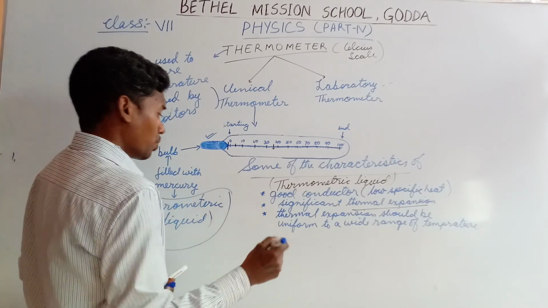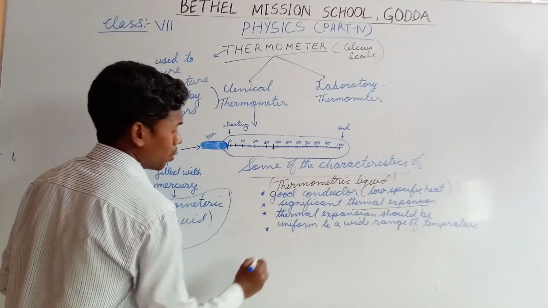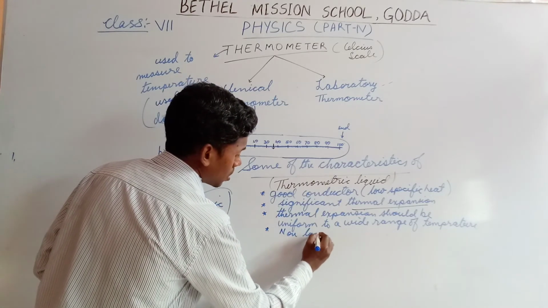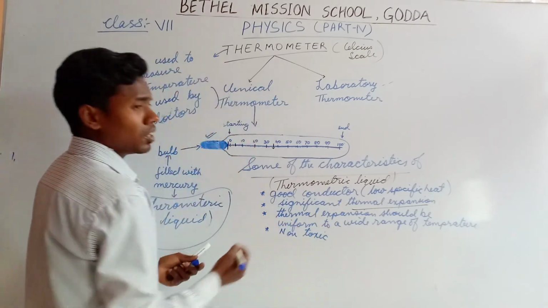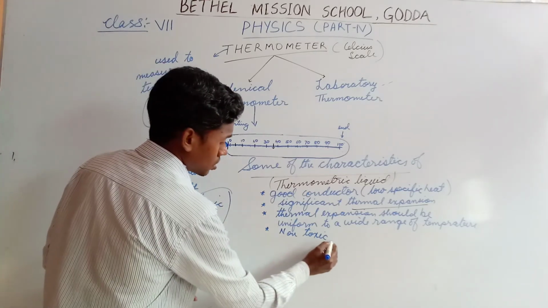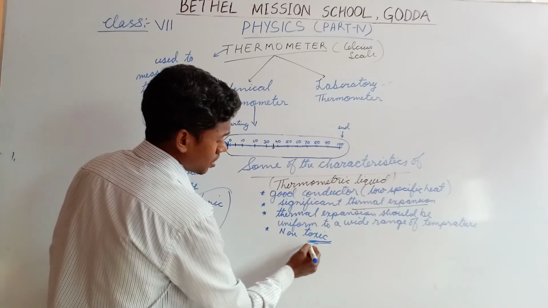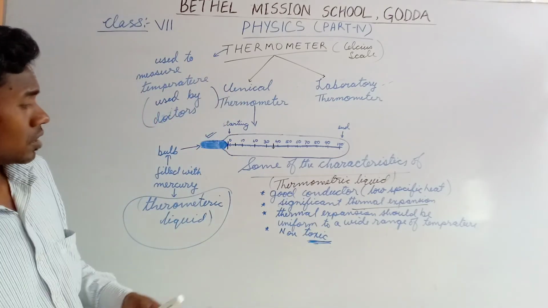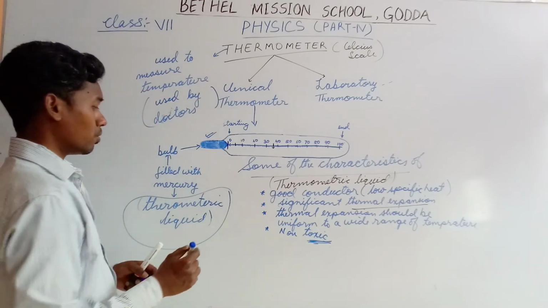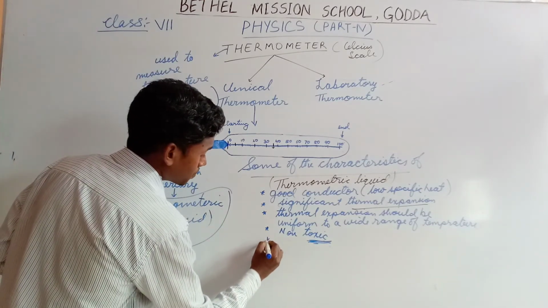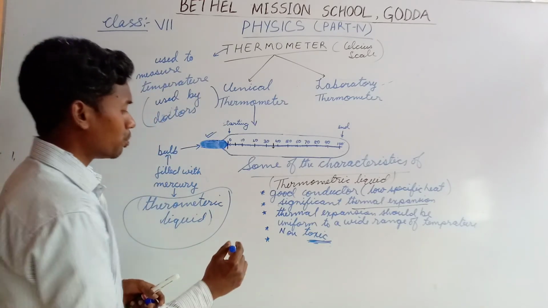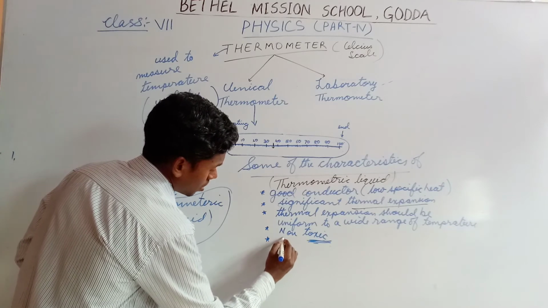Now, very important, fourth point, it should be non-toxic. Yes, very nice. Toxic means poisonous. By chance, in case we get in contact with it, it should not be toxic. Fifth point is that it should not be very costly.